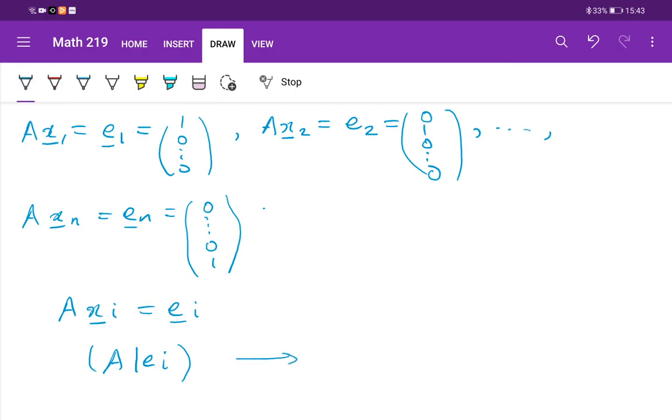So by elementary row operations we convert A into the identity matrix, and the right hand side gets converted into A inverse Ei, which is precisely the ith column of A inverse.